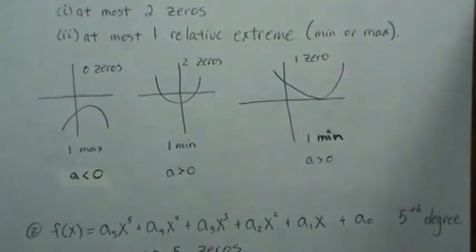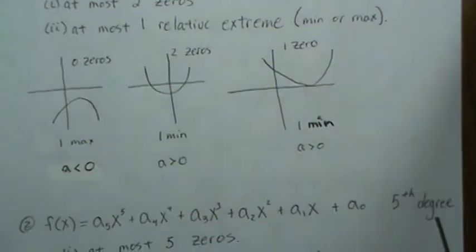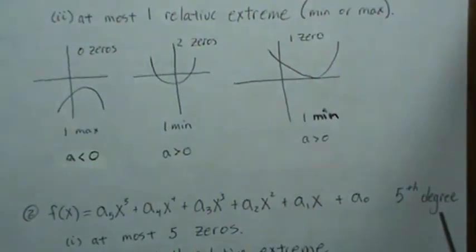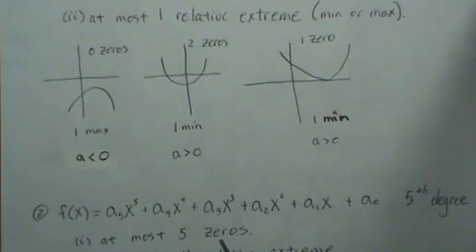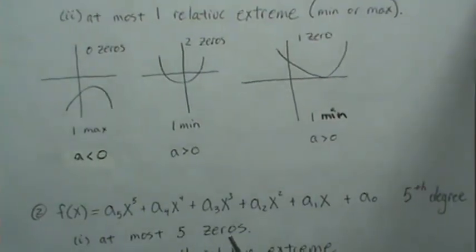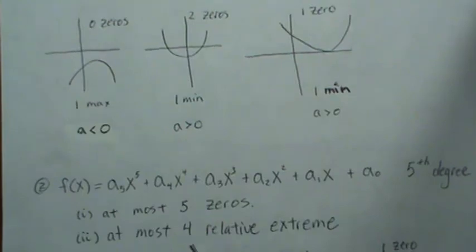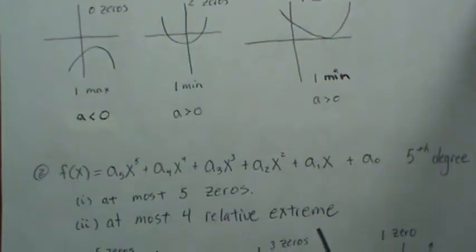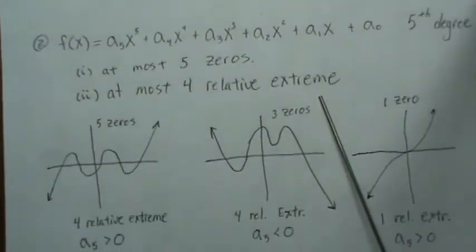So this is a 5th degree polynomial. So it has at most 5 zeros, meaning it at most crosses the x-axis 5 times. And it has at most 4 relative extremes. So now let's look at some examples.